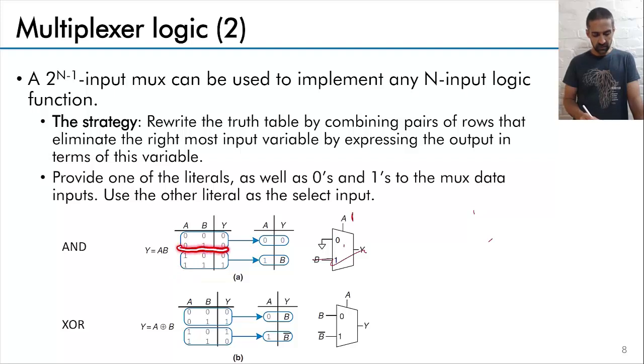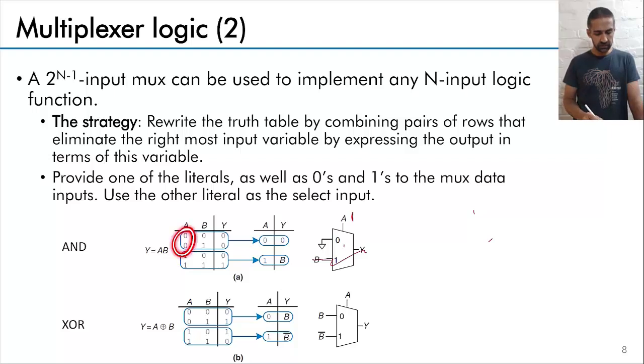If I've captured them as groups, I ask myself, how does the output relate to the remaining input? And the answer is clear. If A is 0, then Y is just equal to 0. There's no relationship with B. So Y is just always 0. If A is 1, this looks the same as B.